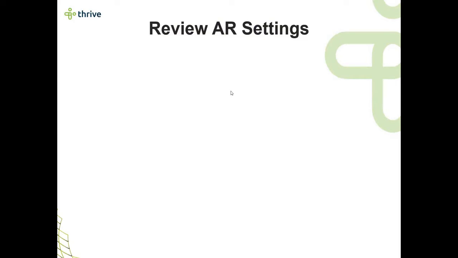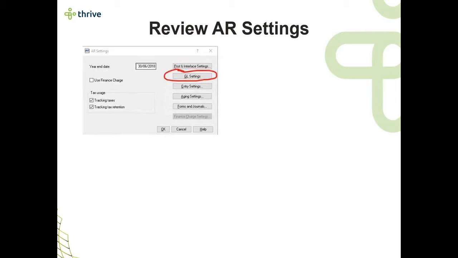Okay, to start with, we'll review the AR settings. Your administrator users within your organizations will have access to the accounts receivable settings. Once the AR settings is open, there's a GL settings button here to show you how accounts receivable is linked into particular accounts within the general ledger.